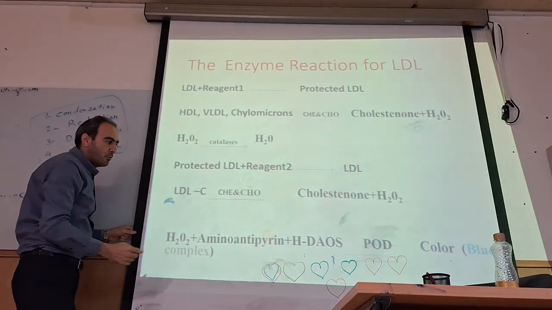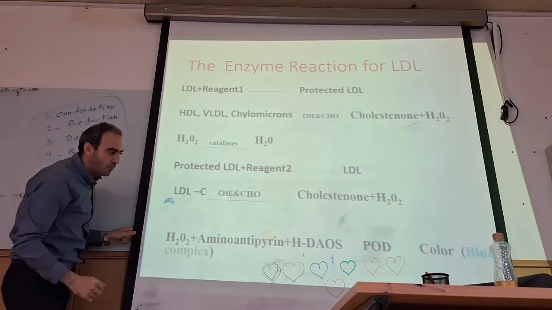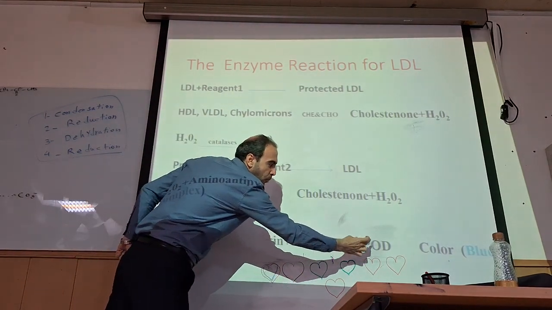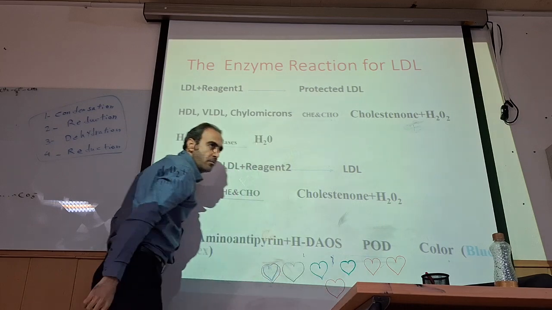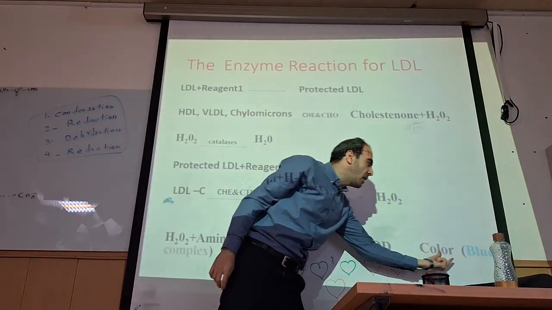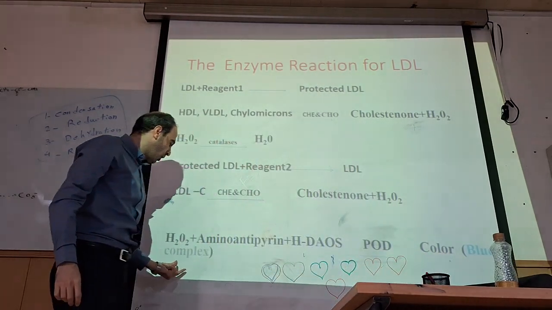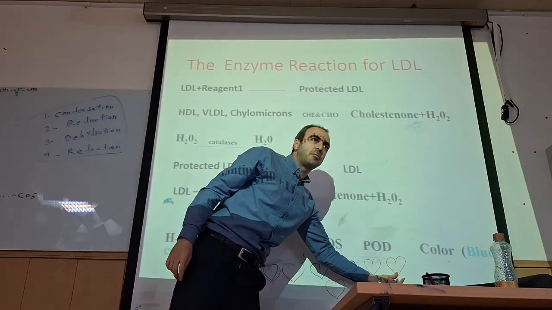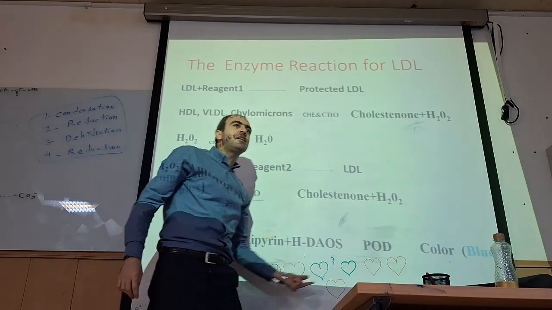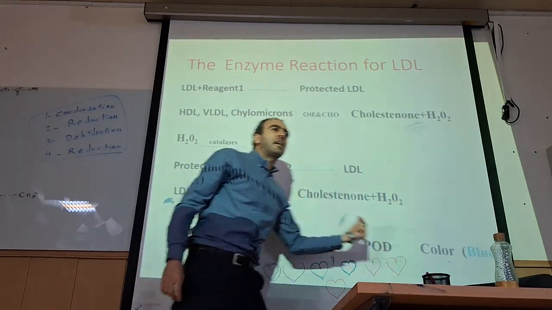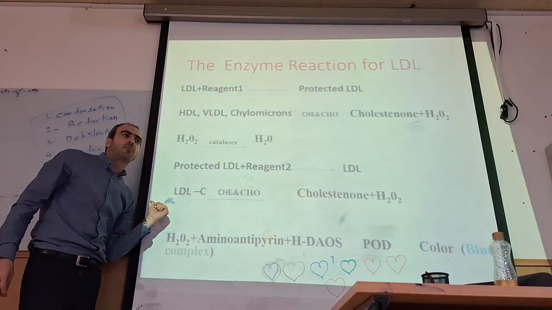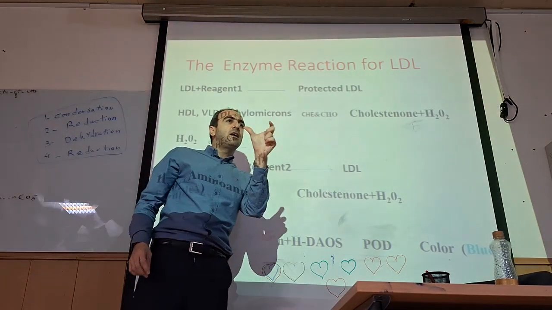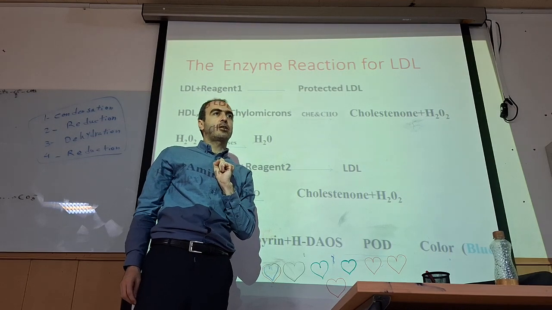This H2O2, with amino antipyrin and DAOS, by the peroxidase enzyme, produces a compound which is a blue complex. Okay? And by spectrophotometry, by measuring the intensity of color, we can report the concentration of LDL against a standard cholesterol concentration.